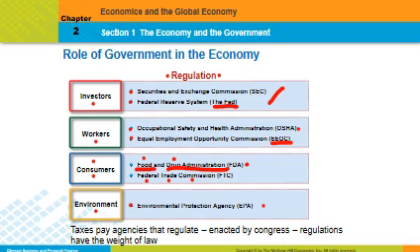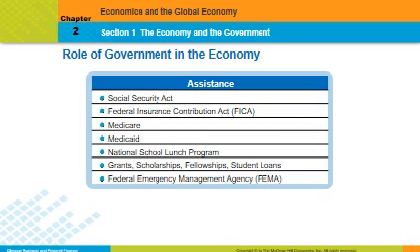So the taxes pay the agencies that regulate laws that are enacted by Congress. The regulations have the weight of law. These are laws that have been passed: the Social Security Act, the Federal Insurance Contribution Act, Medicare, Medicaid, school lunch programs, grants, scholarships, fellowships, student loans, and FEMA is funded and regulated by the government.